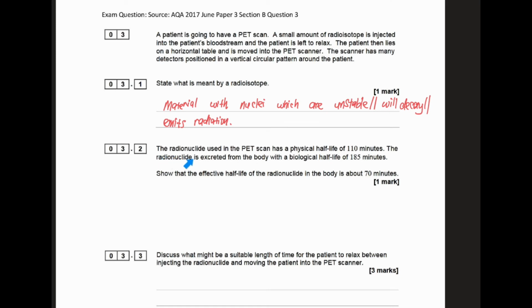So the radionuclide is excreted from the body with a biological half-life of 185 minutes. Show that the effective half-life of the radionuclide in the body is about 70 minutes. So I have to say that this is not to be in our concern, as our syllabus doesn't require us to care about the effective half-life based on the physical half-life and biological half-life. So we are not going to care about this. Okay, let's move on.